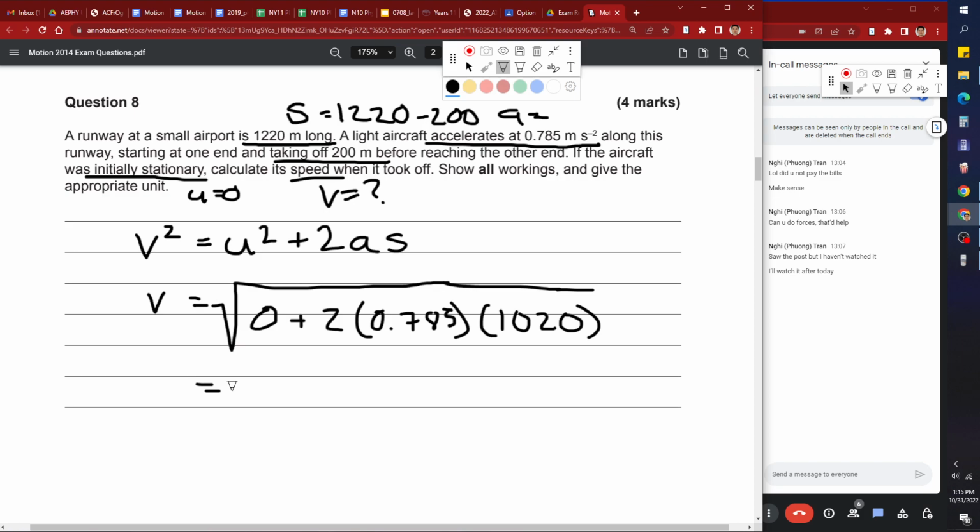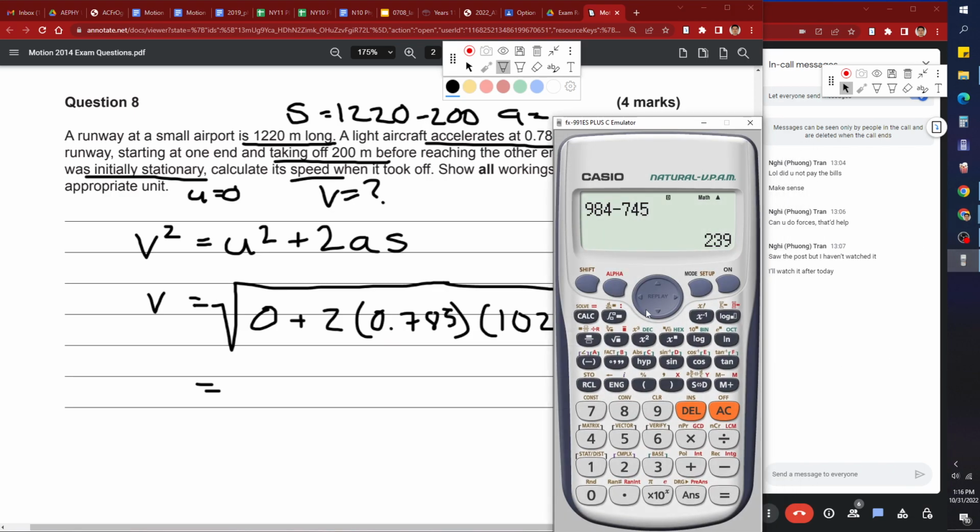Yeah, from that we should be able to give our answer. Okay. So you should plug that into your calculator. And if you get it right, you should get this answer here.